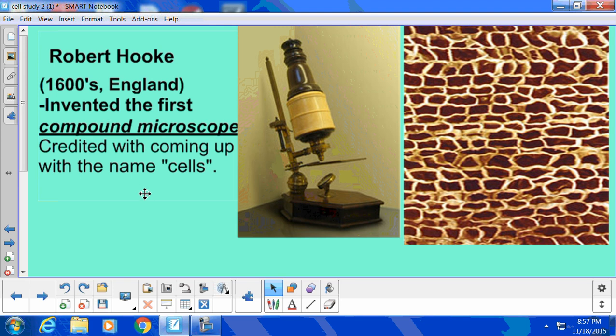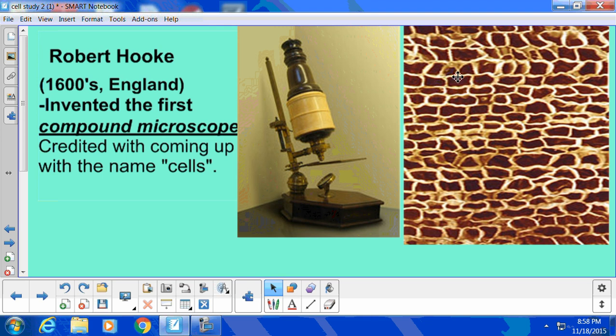We also credit Robert Hooke with coming up with the name cells. We all use that today very much in class. And the reason why he used this name, he was observing with his compound microscope basically dead wood. And they looked like little rectangular shapes under his microscope. At the time, monks lived in rooms that were sort of rectangular in shape.